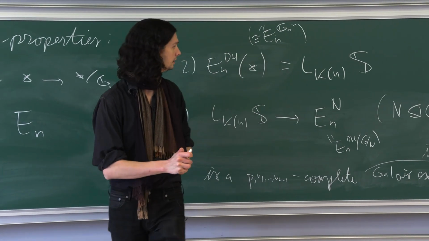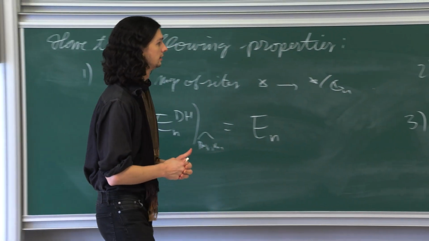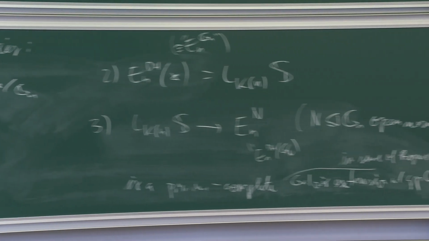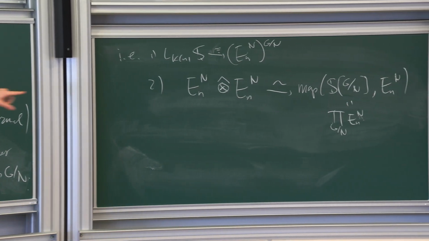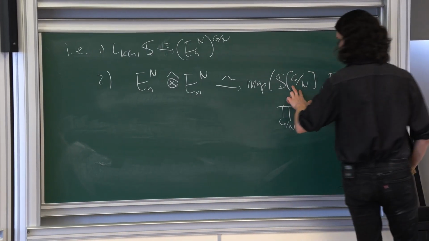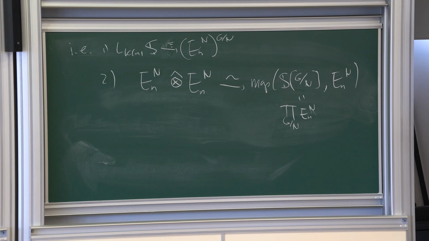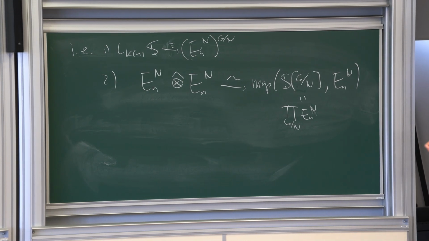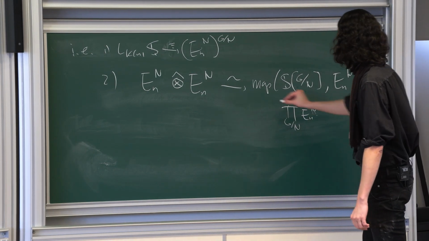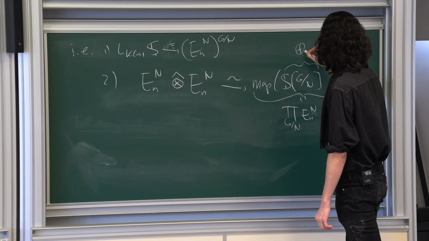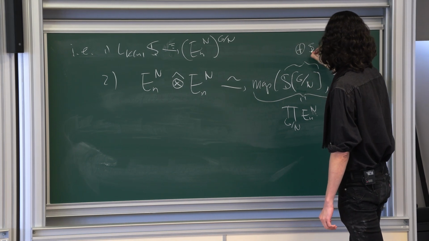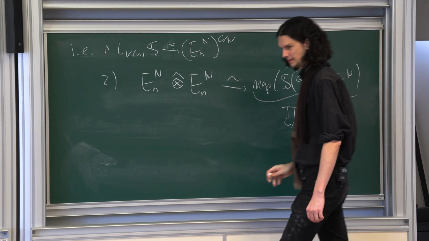And S G mod n means the free spectrum on this finite set. So is it like taking the finite set plus and taking the suspension? Yeah. So this whole thing is just a direct sum of copies of S indexed by G mod n.